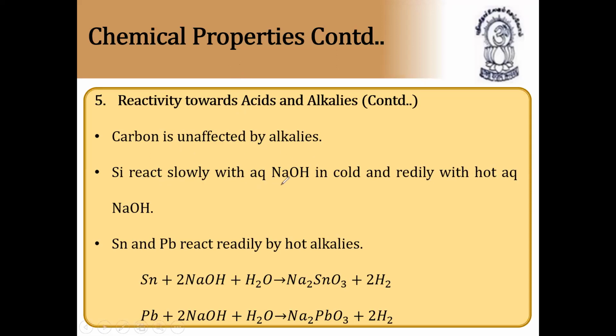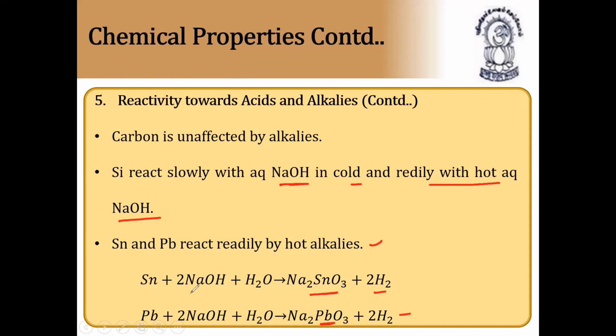Silicon reacts slowly with aqueous NaOH in cold and readily with hot aqueous NaOH. Alkalis mean soluble bases, that is sodium hydroxide, potassium hydroxide, etc. Tin and lead readily react with alkalis and form their respective sodium stannate and sodium plumbate, plus hydrogen gas.